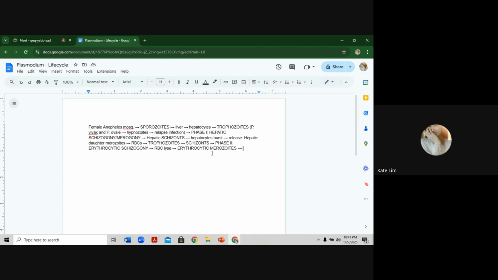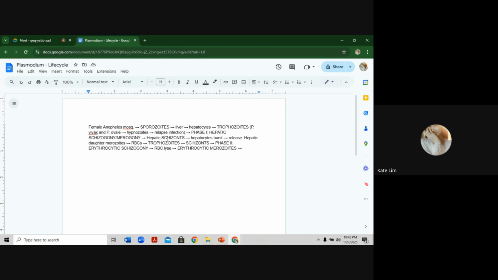But here's the thing, class. If you have remembered, I have emphasized that your Plasmodium falciparum is particularly dangerous because it can complete 5 to 10 cycles of schizogony in a single day, meaning some of the erythrocytic merozoites would re-enter another RBC and begin evolving or producing again the trophozoite, schizonts, and bursting another set of RBCs.